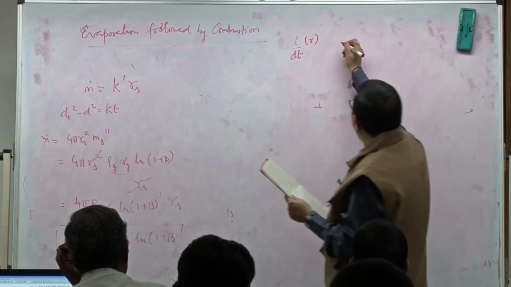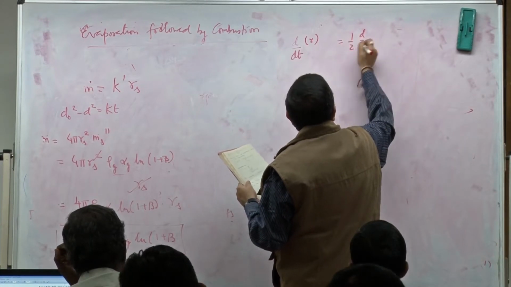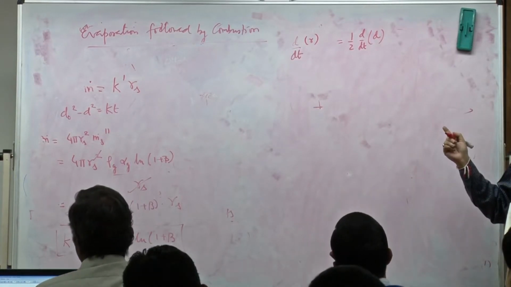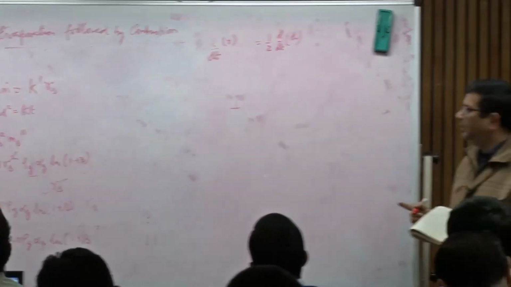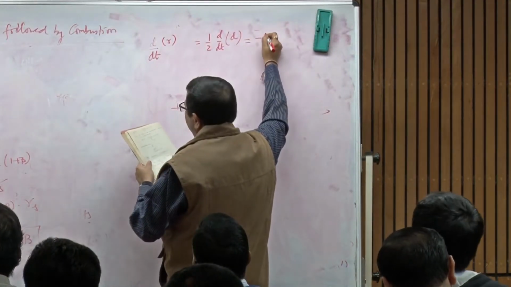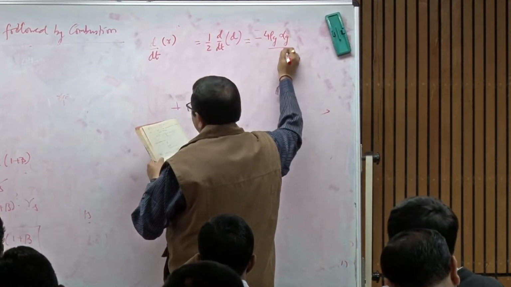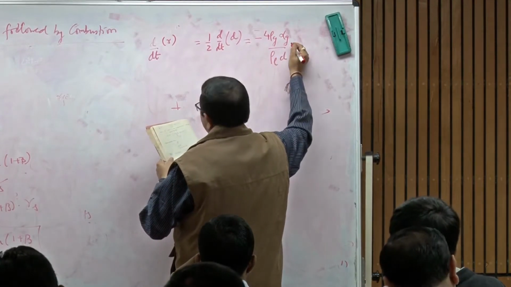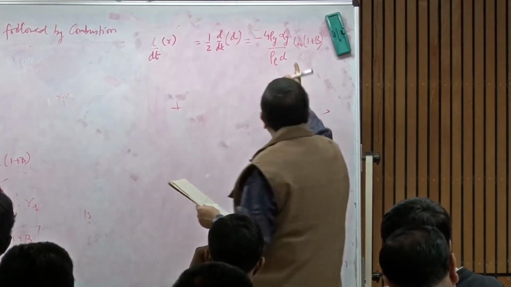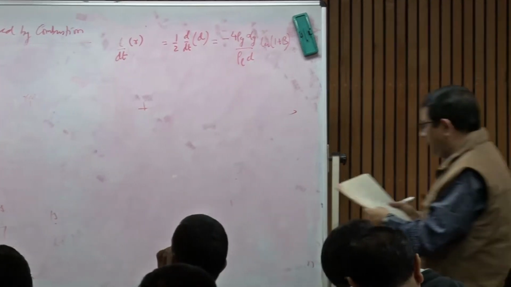So, this dr dt is equal to nothing but, right, because d is equal to 2r. So, it is half d dt. So, dr dt is half d dt, and this solution we have already obtained the expression. Because m dot s was in terms of dr dt, right. So, we can get this expression here.